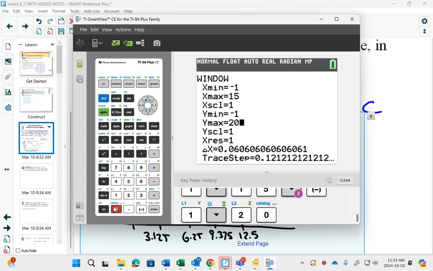If you really want even these ticky marks to be at the same spot, that's what the scale does. So I can change my x scale to be 3.125. Then it will mark 3.125, 6.25, 9.375, 12.5, exactly like that. I can't really put in my scales going by 1, maybe I go by 5s on my x.